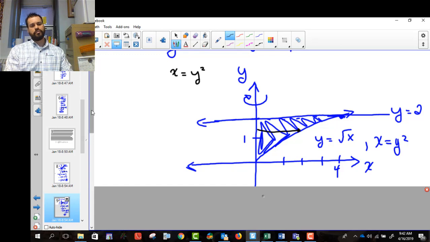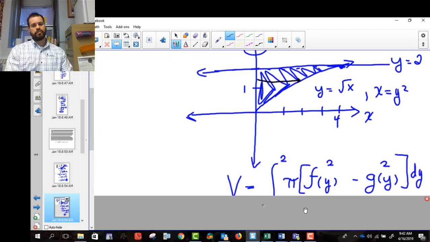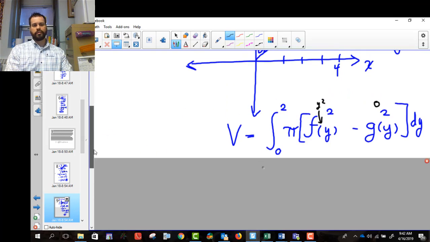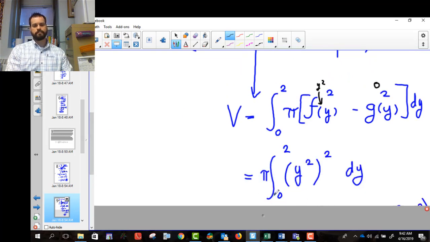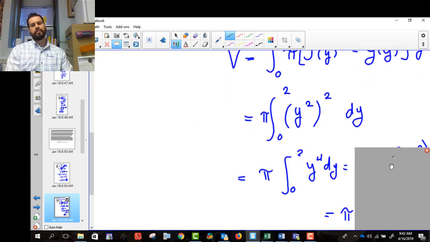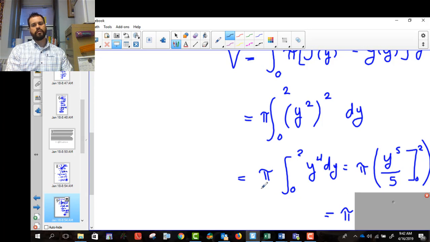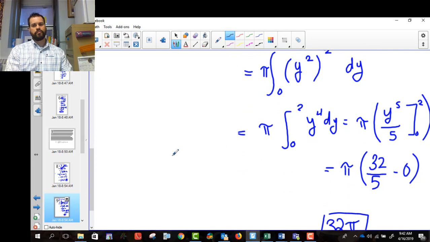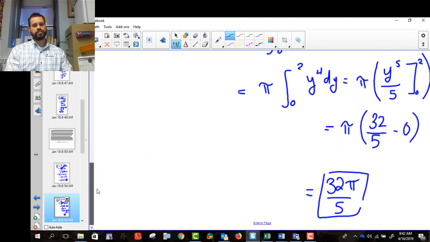So we just have to do f of y squared minus g of y squared, that's 0, and this is y squared, right? So we end up with this. And then that becomes the integral of y to the fourth. The integral of y to the fourth is y to the fifth over 5, and then you plug in 2 and you plug in 0. 0 gives you 0, so you end up with 32 pi over 5.